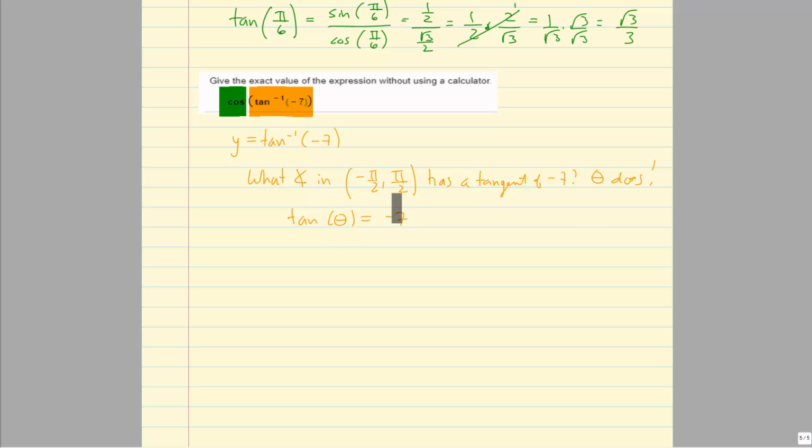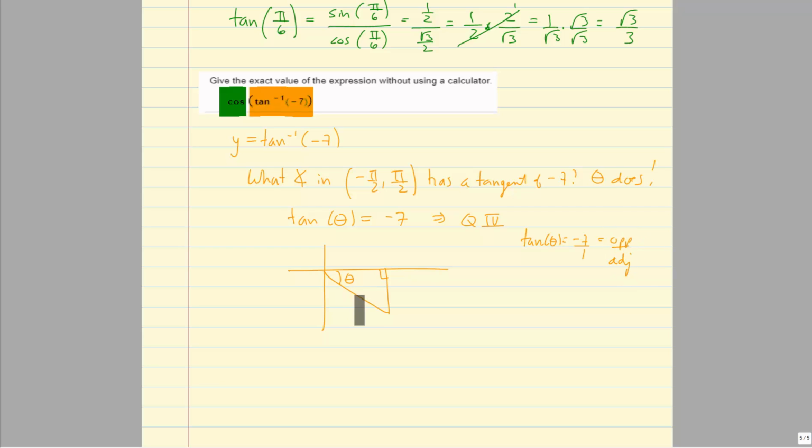Well, if tangent is negative, that must mean I'm in quadrant 4. So let's go ahead and drop a quick quadrant 4 here, pop in our right triangle. You can use not only right triangle trig here, but you can use unit circle trig as well. And remember, tangent of theta equals -7 over 1 is equal to opposite over adjacent.